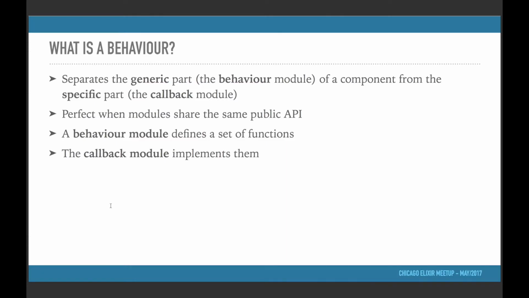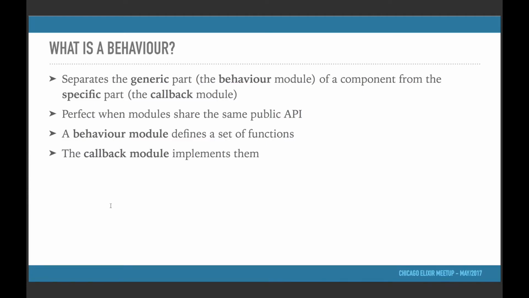So my module behaves as something. It's very nice for components that have the same public API, the same functionality, so all of them can behave as the behavior in this case.